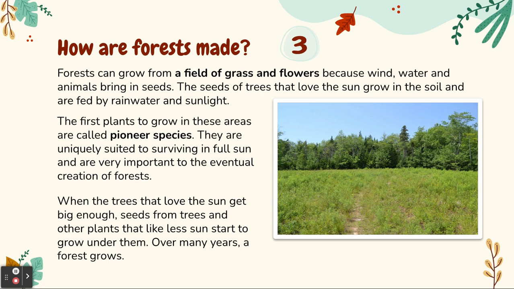These species are uniquely suited to surviving in full sun, and they are very important to the eventual creation of forests. If we didn't have pioneer species that loved full sun, we would not have as many forests.